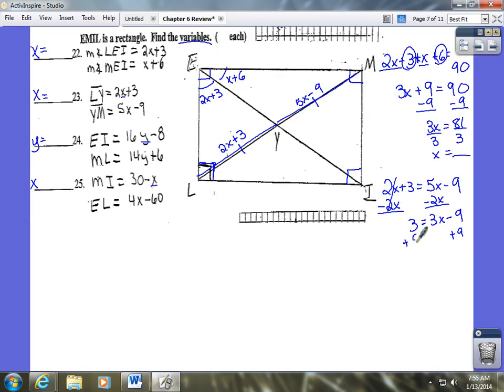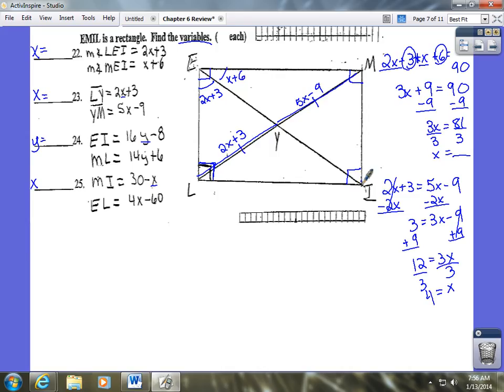Have 12 equals 3x. Divide by 3. Divide by 3. x equals 4. Okay, so remember on a rectangle, the diagonals bisect each other, which means they cut them in half so the two parts are equal.